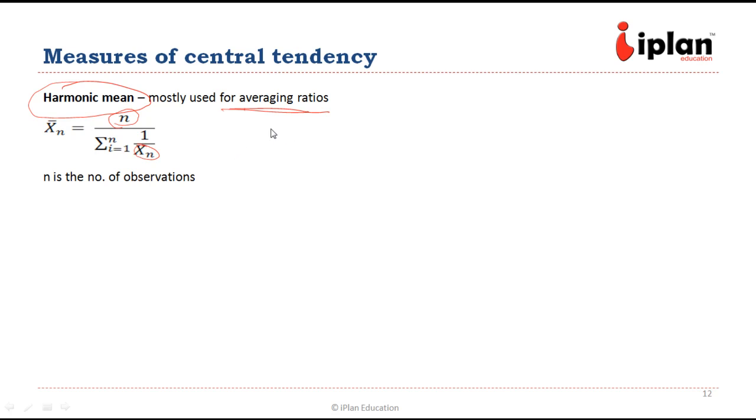I'll take an example. Suppose there are three values 3, 4 and 5. If I want to take the harmonic mean of these three, I add 1 by 3, 1 by 4 and 1 by 5, the reverse of them. Then I divide it by 3 since I want to take the average, and finally I reverse it.